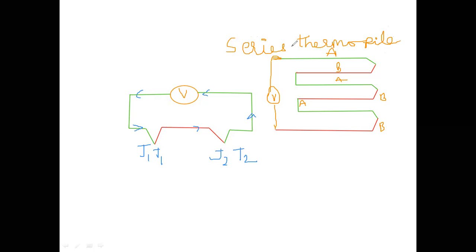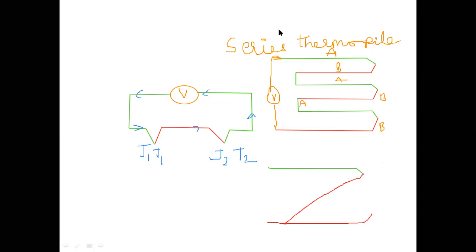Like series thermopile, there is another thing called parallel thermopile. So this is metal A, this is metal A, and this is metal B, this is metal B. So to this metal A, I will connect metal B here.